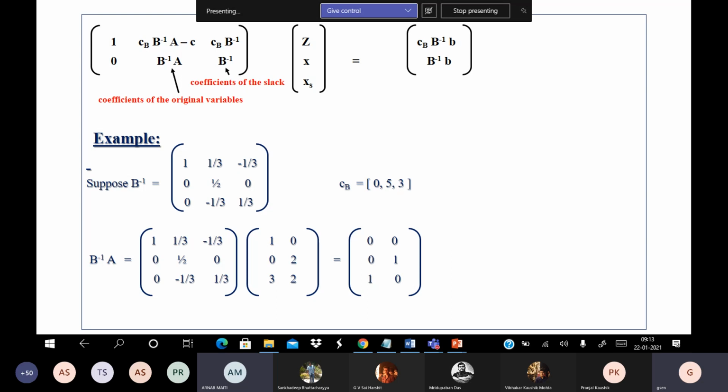This CB B inverse A minus C, the values in that should be positive. I'm telling algebraically. Correct. And only that. B inverse A should be positive.